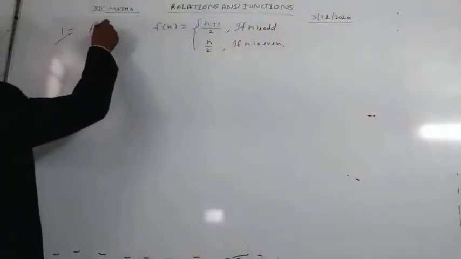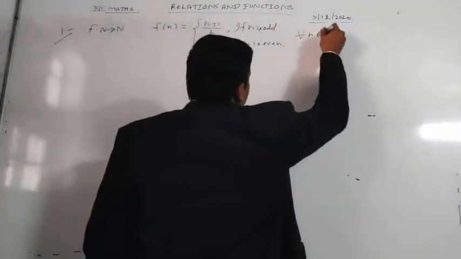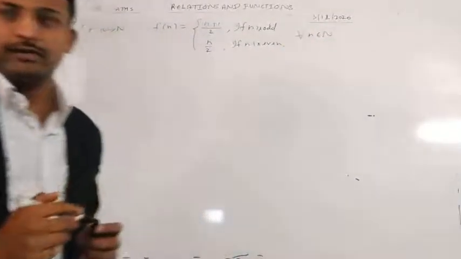So the function is from N to N and defined by this for all n belonging to capital N. Okay, this is what we have been given.